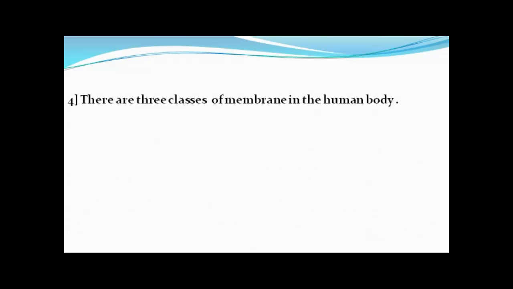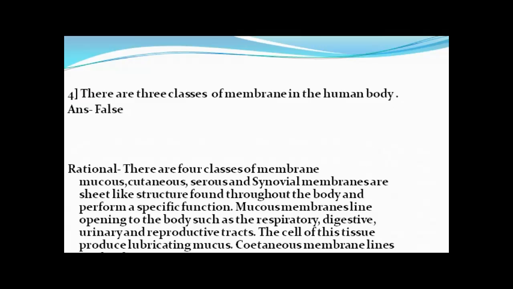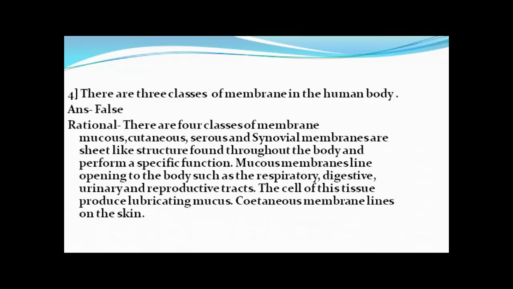Next question is, there are three classes of membrane in the human body. The answer is false. Why? There are four classes of membrane, that is mucous membrane, cutaneous, serous, and synovial membrane, which are sheet-like structures found throughout the body and perform a specific function.